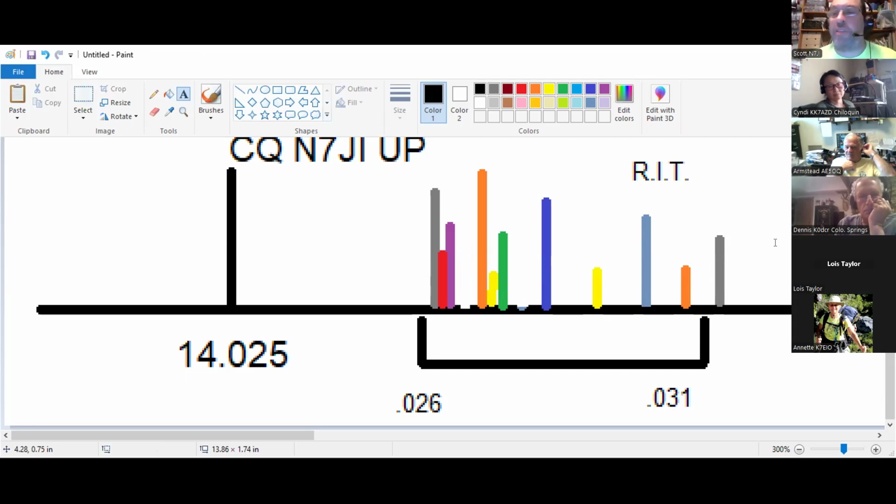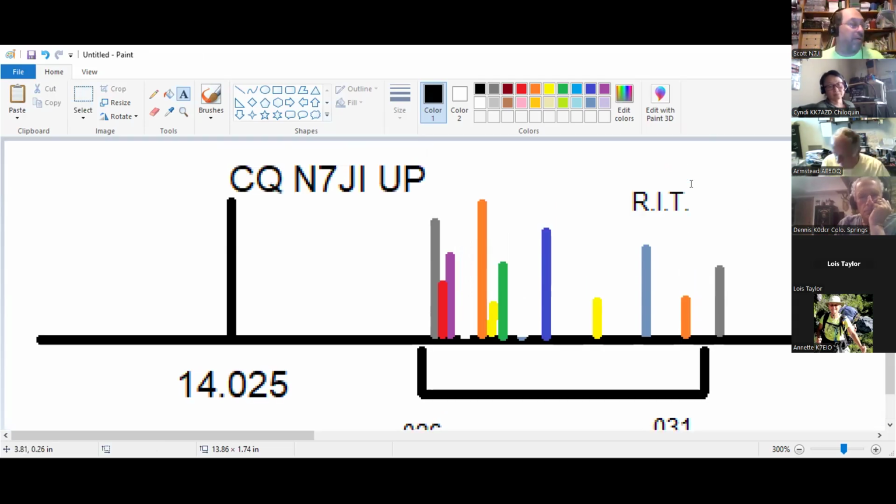Yeah. RIT, receiver incremental tuning. Okay, so I will continually change my receive frequency. I will scan up and down, listening for a signal that I can copy. So you'll scan it, so you won't sit on any one of those in that wider band, but you'll keep moving up and down it. Well, it depends.